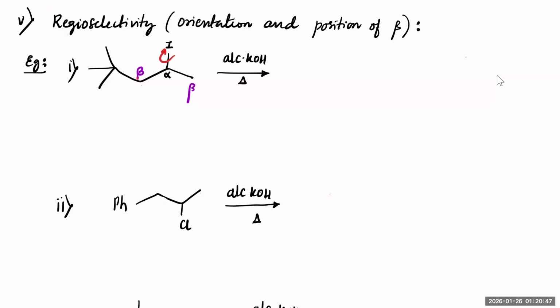In such a case, the base, OH minus alcoholic, has a chance to take H plus from here, or it has a chance to take H plus from here. Got it? So you would notice both of them are happening in this case.